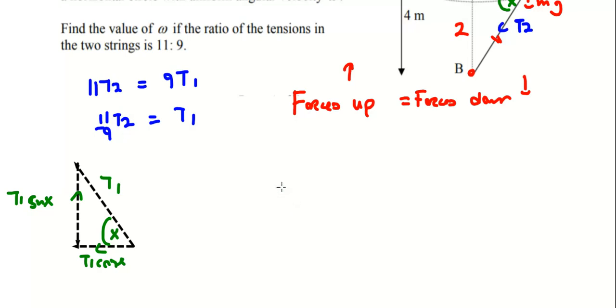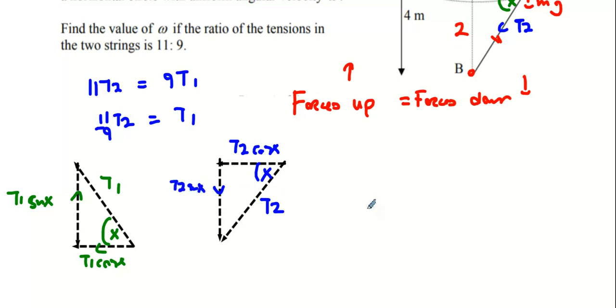Likewise, we can say the same thing for T2, which goes down in this direction. So this is T2 cos X, and this is T2 sine X.